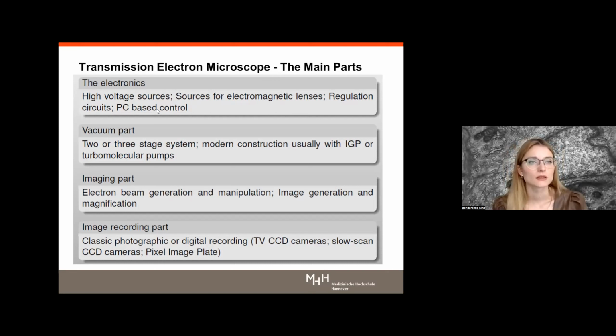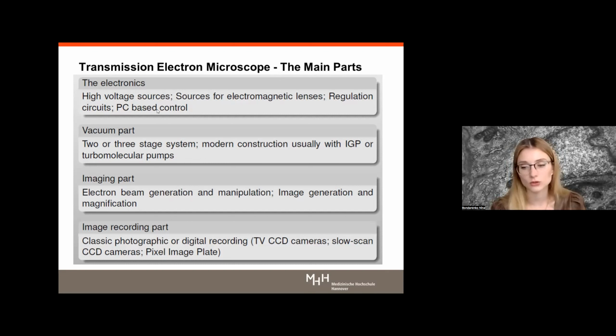Conventionally, TEM has two pumps: a rotary pump for rough vacuum and a diffusion pump for a higher and deeper vacuum. The imaging part is also a part of the electron microscope, where electron beam generation and manipulation, image generation and magnification are realized. And the image recording part, like digital recording through a CCD camera, or films.